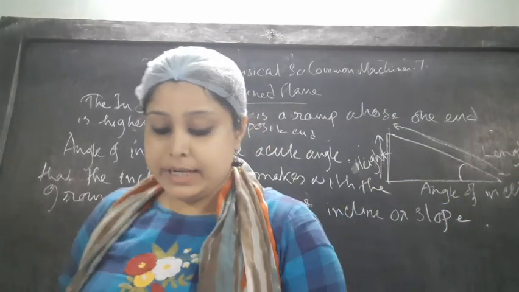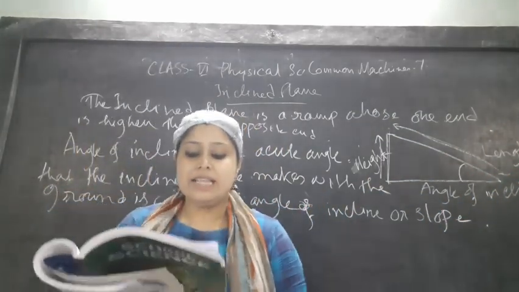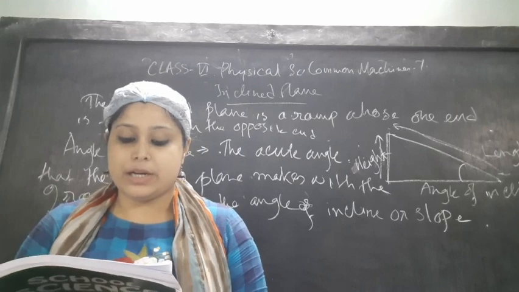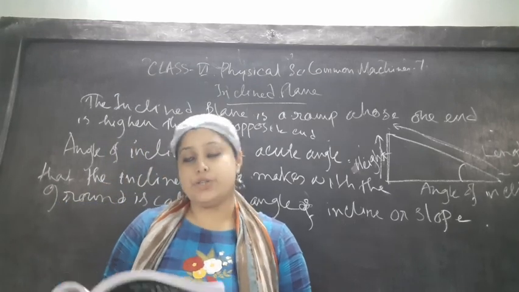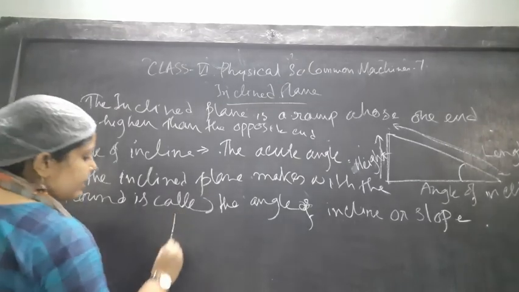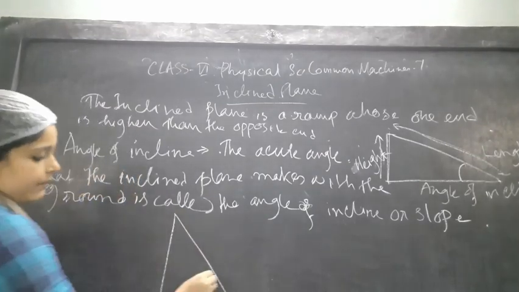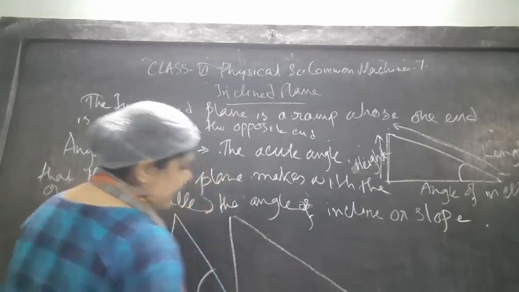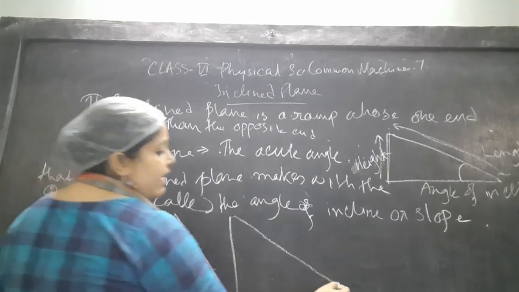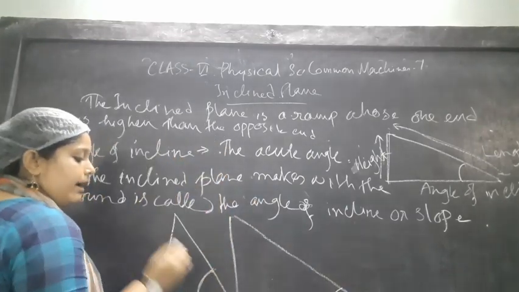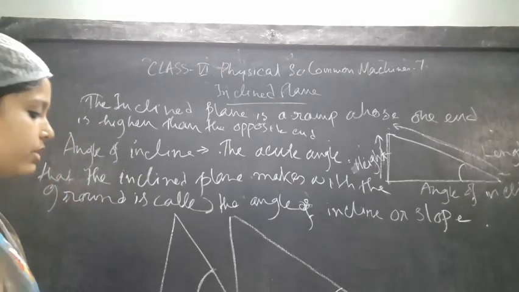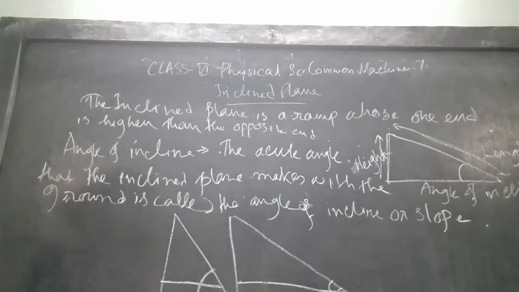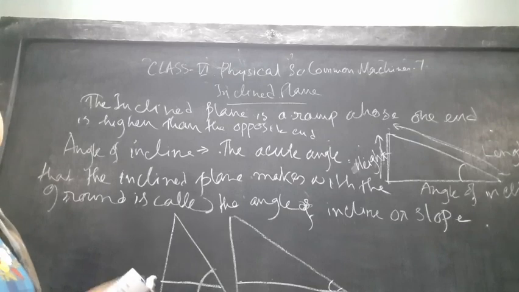There are many uses of this. If the slope of the inclined plane is low, meaning a smaller angle between the ground and the plane, then it is easier to climb up. Somewhere the angle is smaller and somewhere the angle is larger.